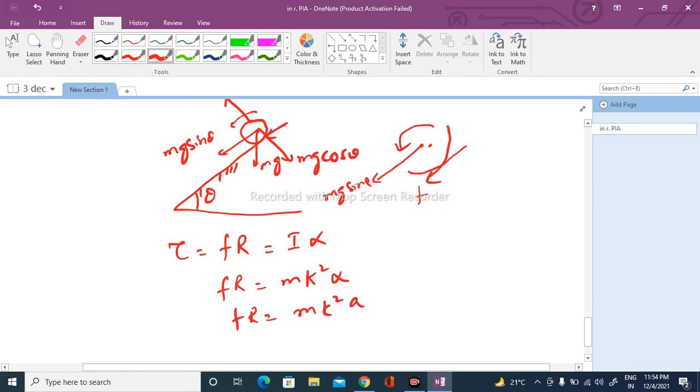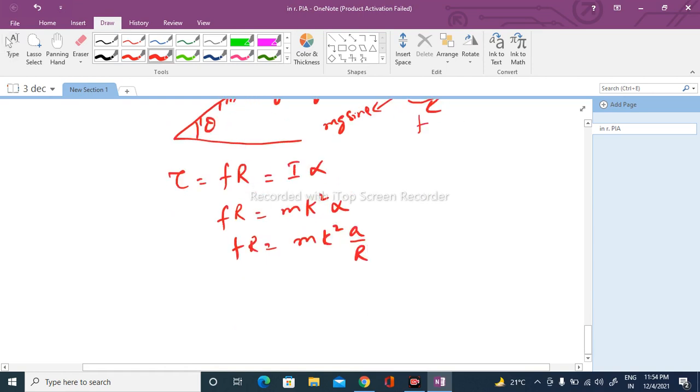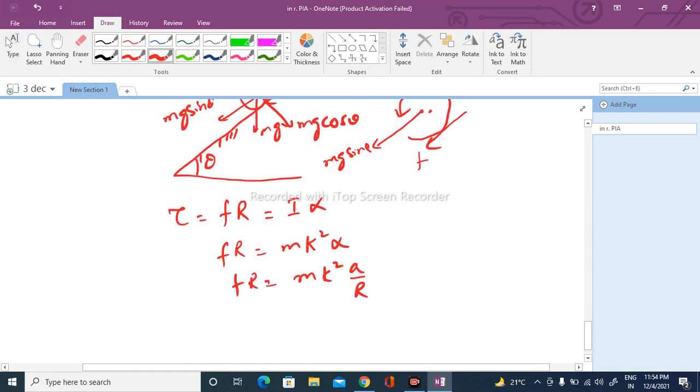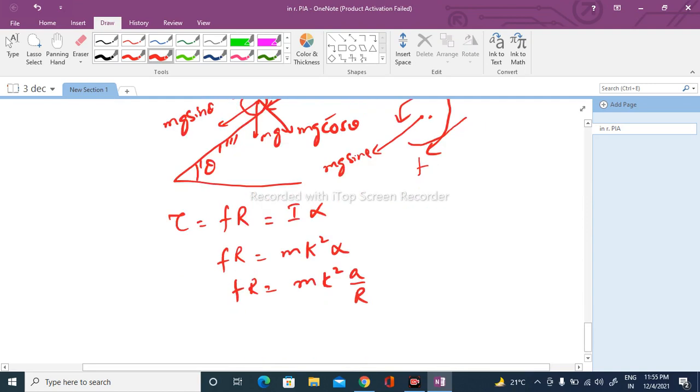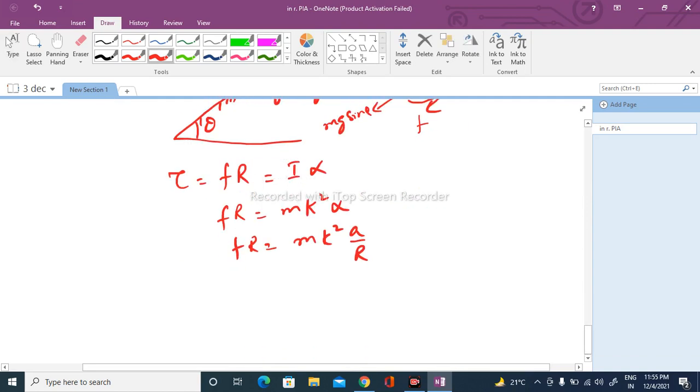Alpha can be written as a by r. F is mu times N, and N is equal to mg cos theta. Sigma Fy is equal to 0 if you take this as the x and this as the y axis. So we can write here mu mg cos theta into r square is equal to mk square a.